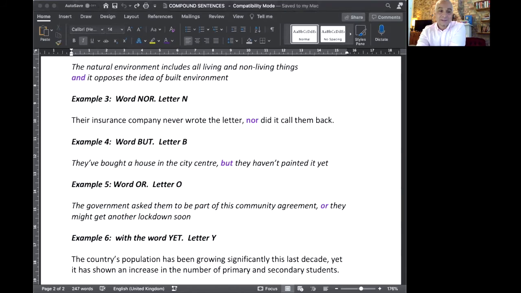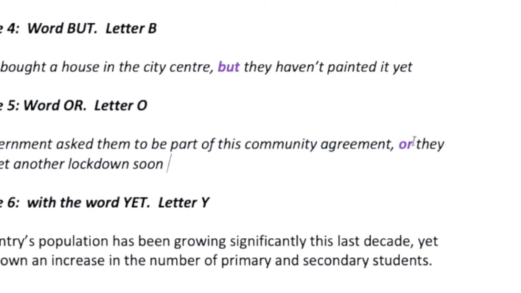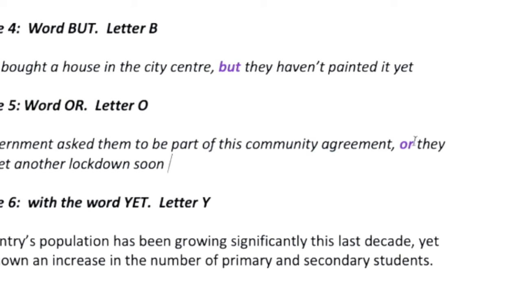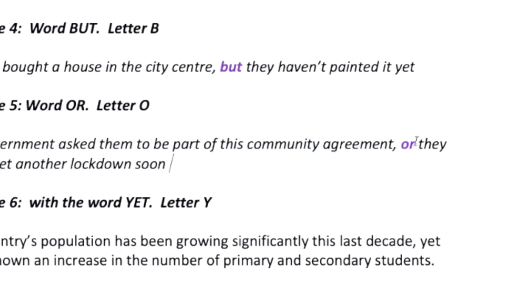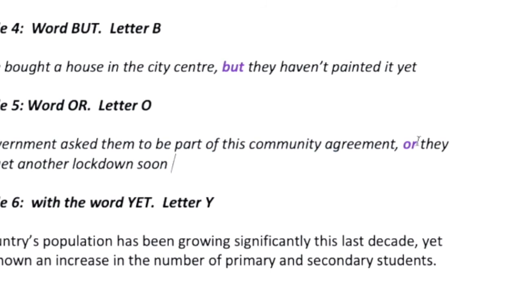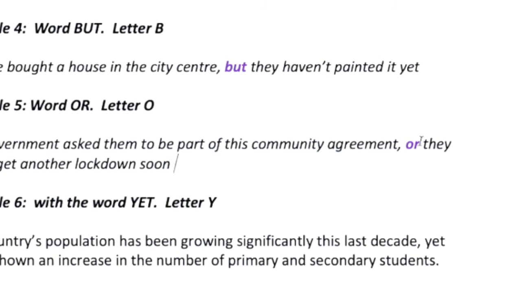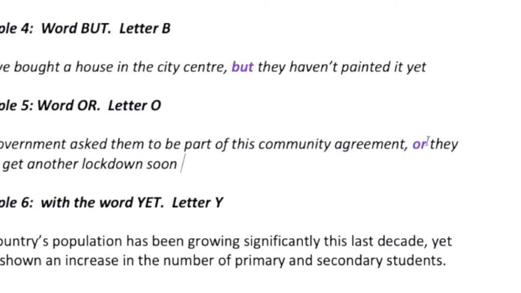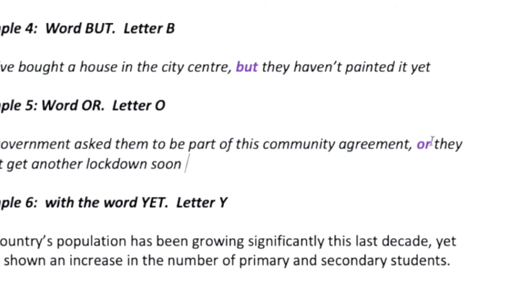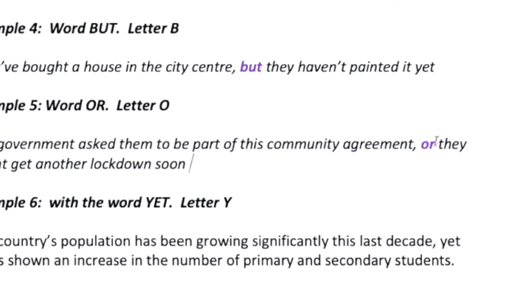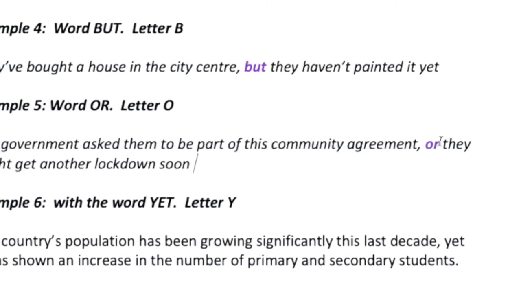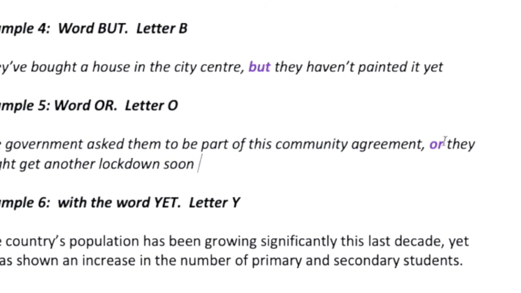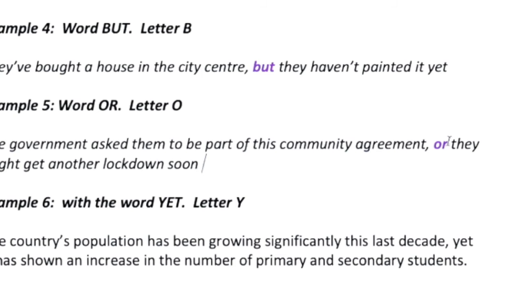Let's go to example number 5 with the word or, letter O. The government asked them to be part of this community agreement. That is one complete thought. Or they might get another lockdown soon. This is very pandemic vocabulary. It's quite usual these days.